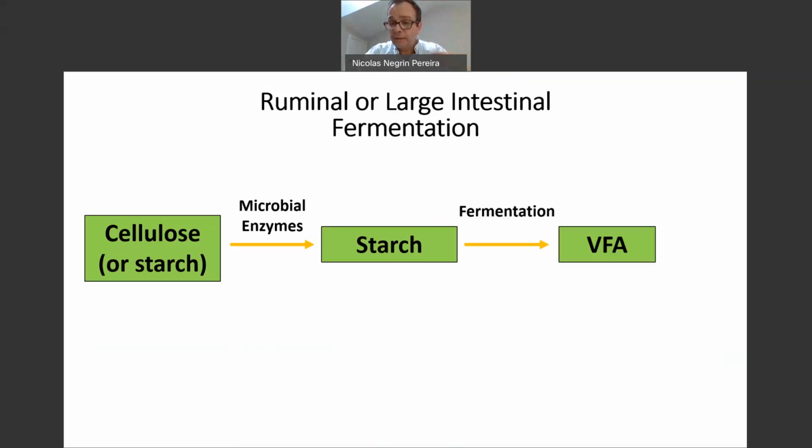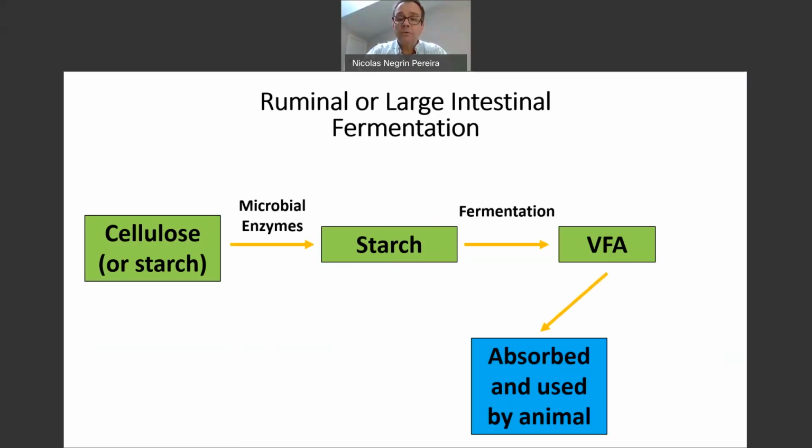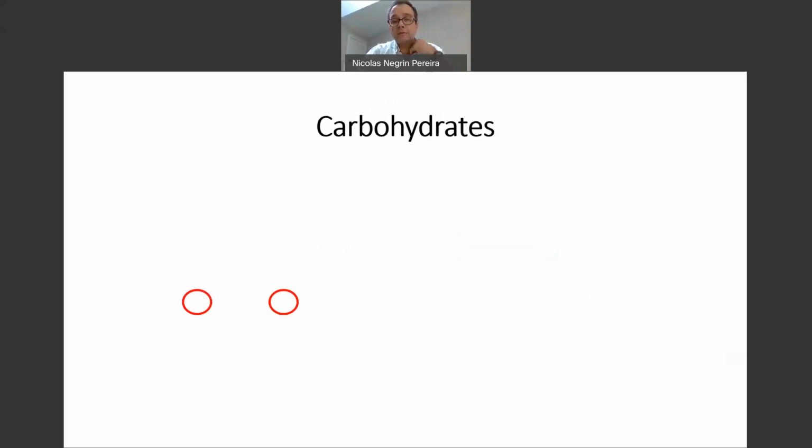It's not only in the duodenum, as we're going to see, that we can break down starch, but it can also be fermented in the large intestine, and the end products are the volatile fatty acids, acetic, propionic, and butyric, which are easily and quickly absorbed through the large intestine walls, ready to be used by the animal. So in this area, we're summarizing what the fermentation process is.